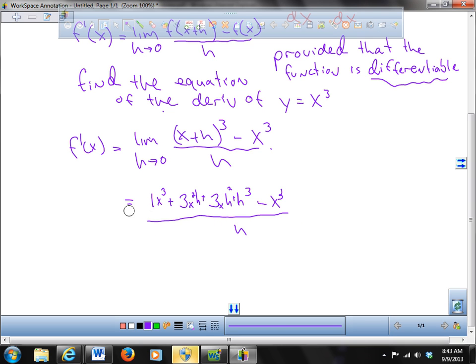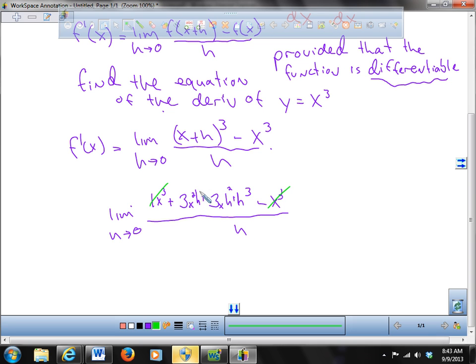Okay? So I'm going to take the limit of this as h goes to 0. And what happens with those x cubes? They go away. Very nicely, things disappear when you do this. Those x cubes go away. And now that the x cubes are gone, what else could I cancel out?